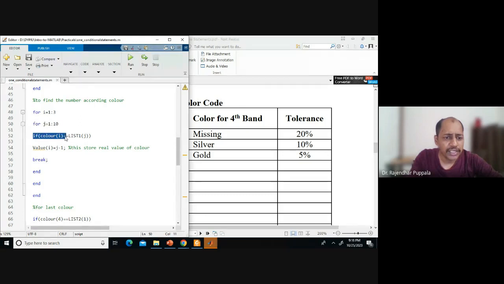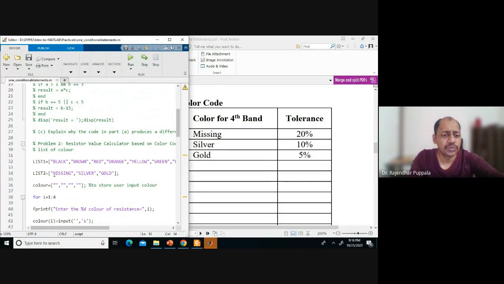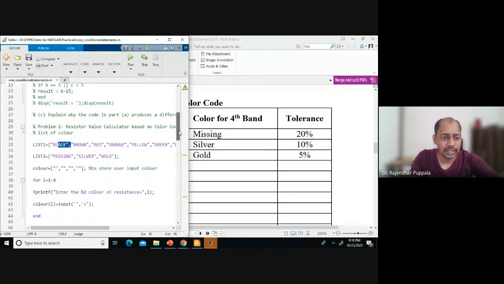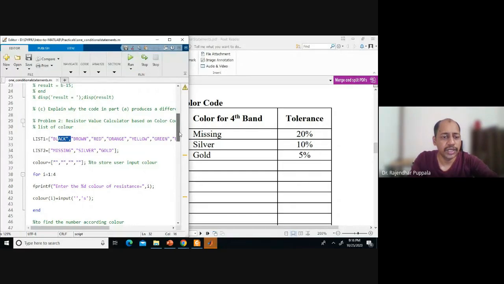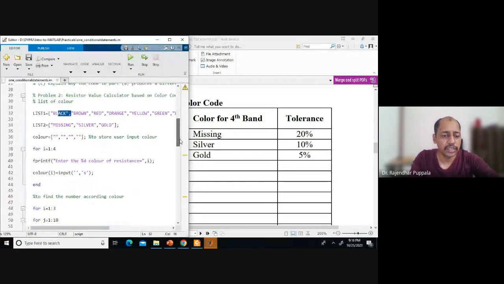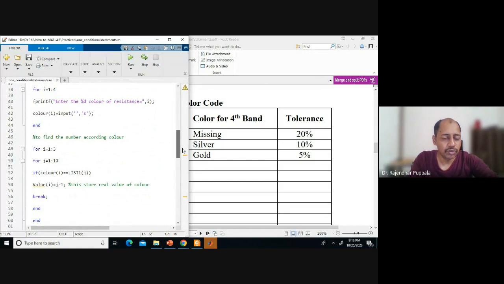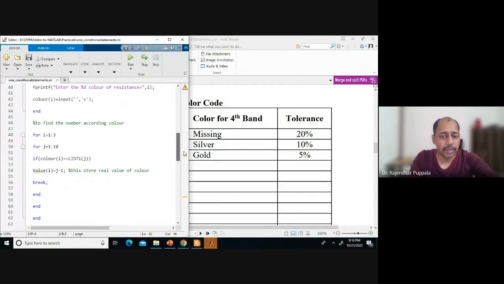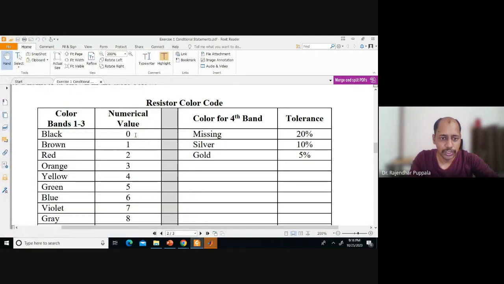If the color is in list 1, if black is there, at 1 you are getting black, at 2 you are getting brown, right? When j is equal to 1, you are getting black. But for black, we are assigning the value 0 here.